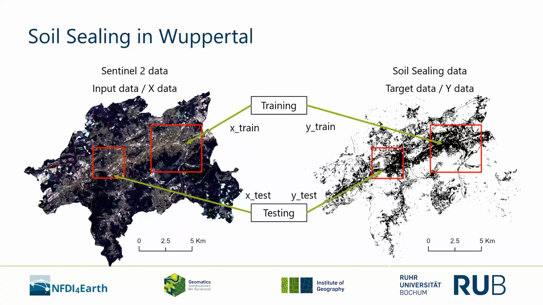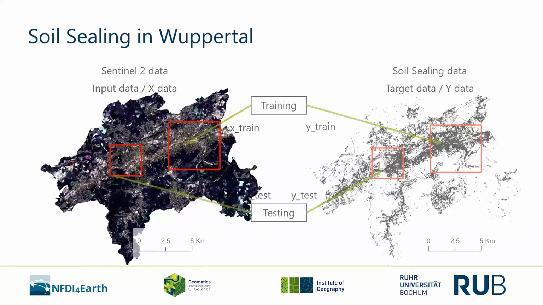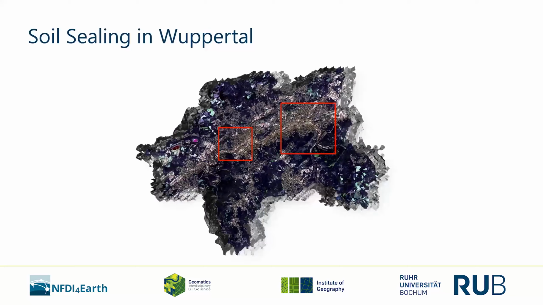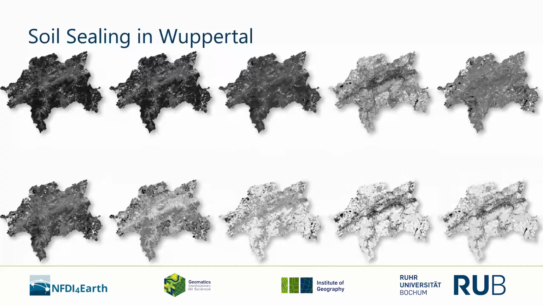While there is not a lot of interesting stuff about the binary target data, we should definitely look into the input data. What you are currently looking at is a color composite of the Sentinel-2 scene consisting of 3 channels. But actually, there are way more channels in this dataset, as the Sentinel-2 satellite captures information from several segments of the electromagnetic spectrum. In our case, we will use 10 of the satellite's 12 channels.